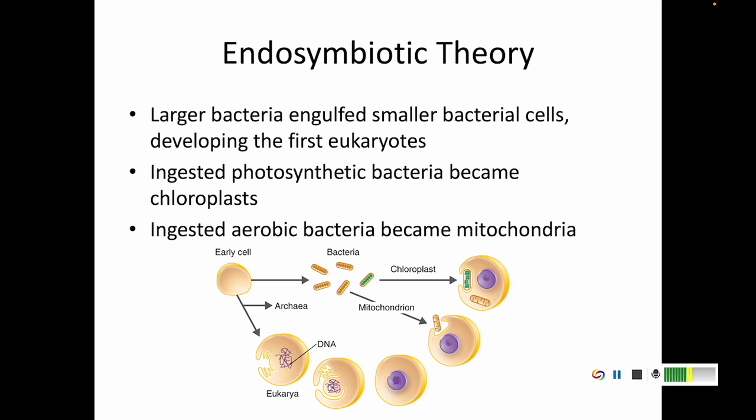They both have their own DNA inside of them, and the DNA inside of a mitochondria or a chloroplast looks like bacterial DNA. It copies like bacterial DNA. Mitochondria and chloroplasts can copy themselves by binary fission, just like a bacteria would. I mean, they, by all intents and purposes, are little bacteria that have lost the ability to live on their own, that now just have this symbiotic relationship with our cells.